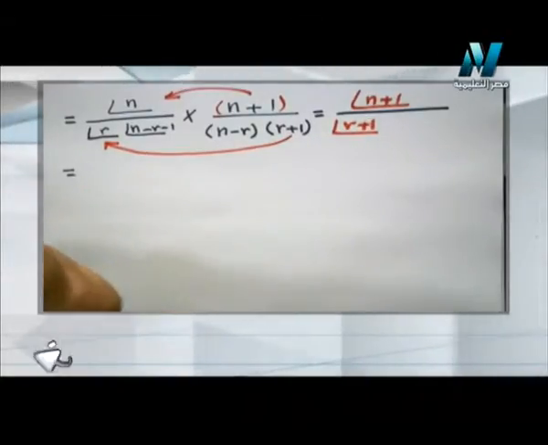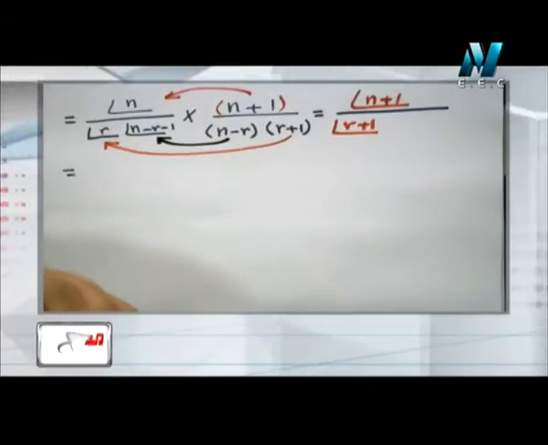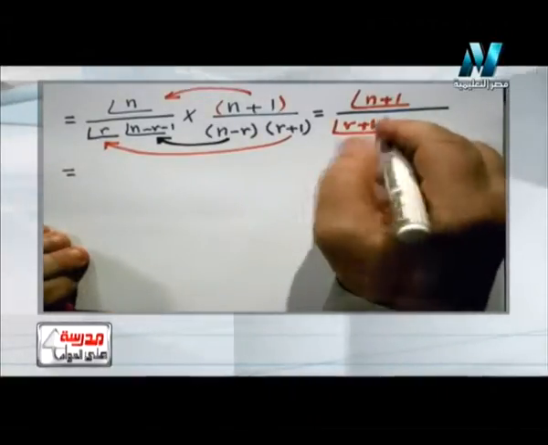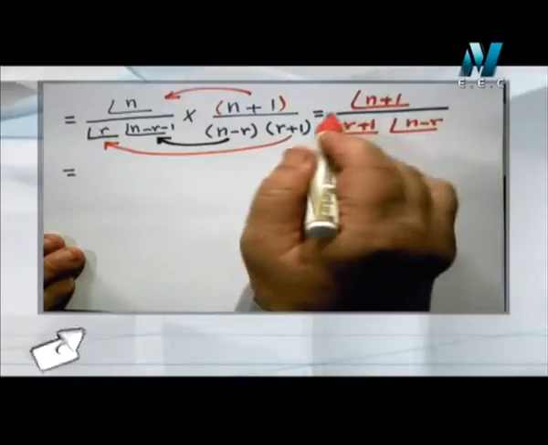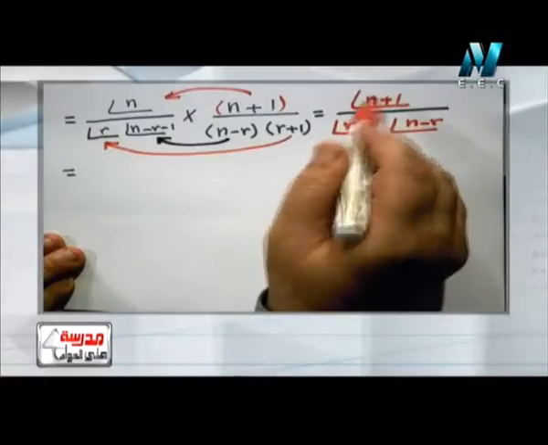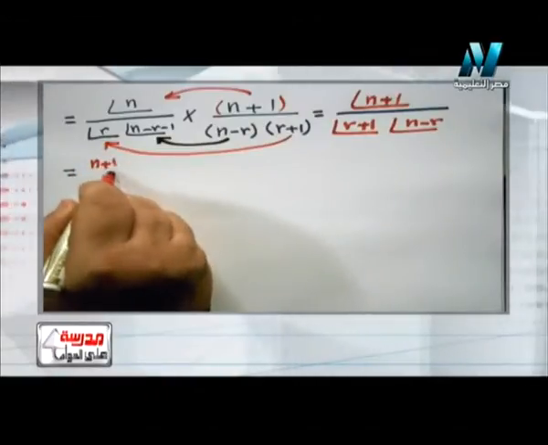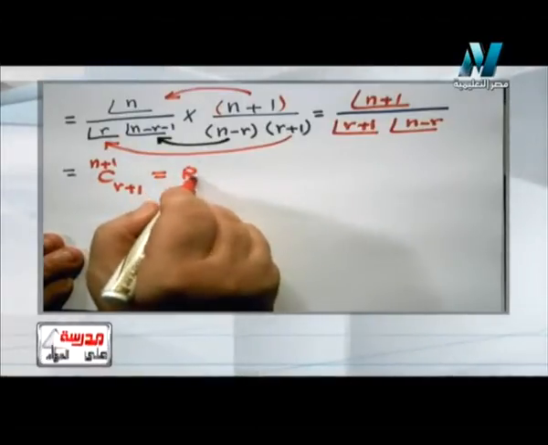And N minus R multiplied by factorial N minus R minus 1 is equal to factorial N minus R. Then finally, factorial N plus 1 over factorial R plus 1 over factorial N minus R, which is the difference between them, equals N plus 1 C R plus 1, which is the right hand side.